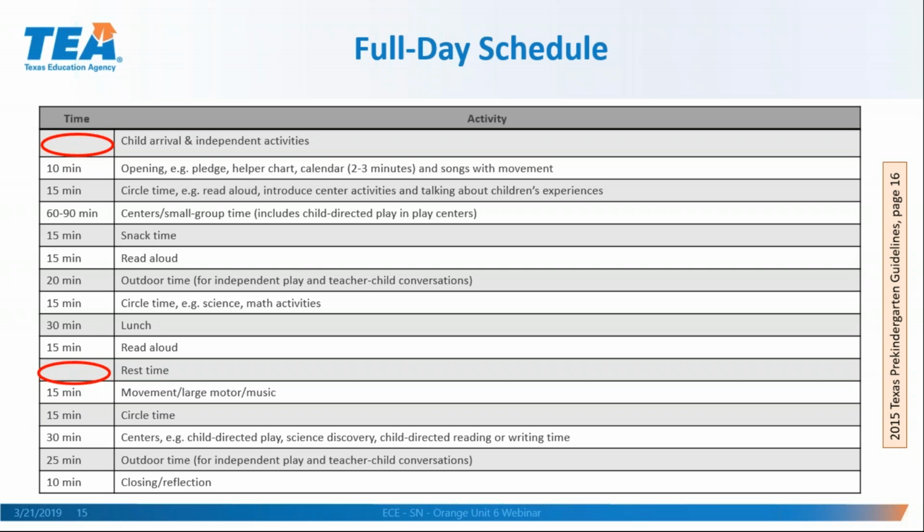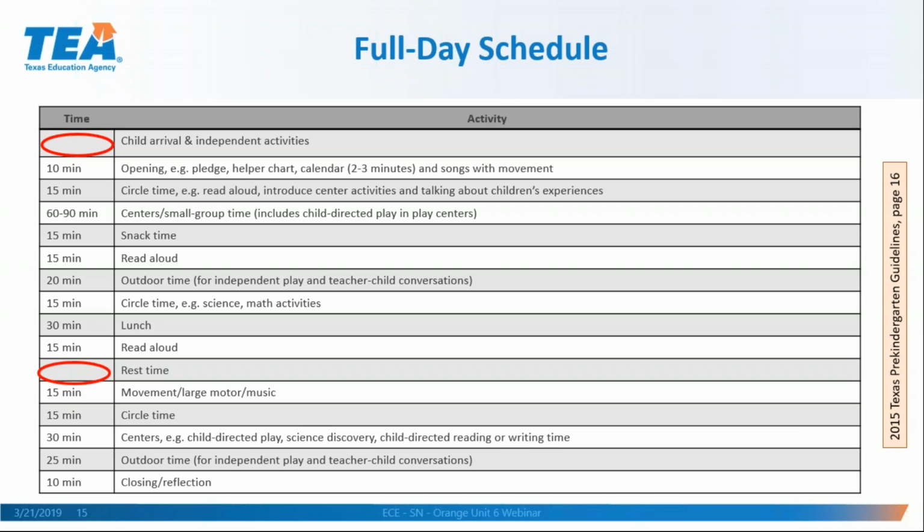So otherwise, let's see how this compares to the half-day schedule. After the child arrival and independent activities, it looks like there is time for an opening again. And it would include, again, the same kinds of things: Pledge of Allegiance, helper chart, calendar, songs with movement.